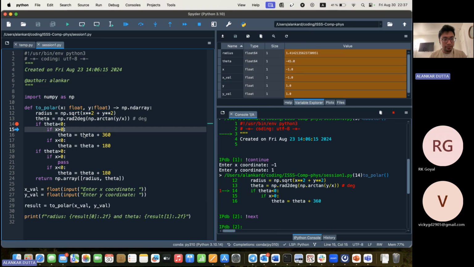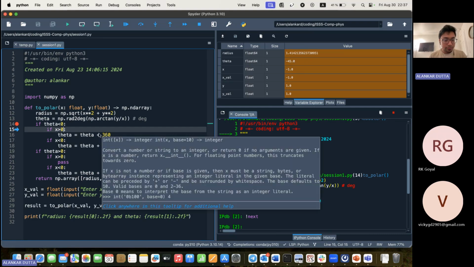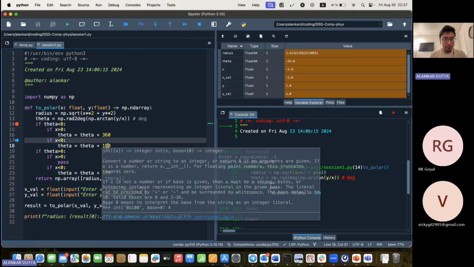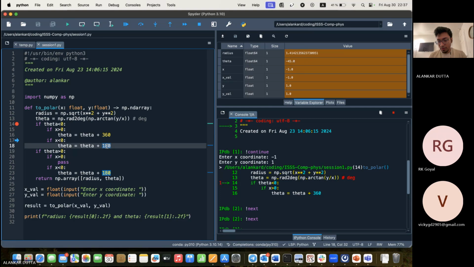Sorry, if theta is negative, then it is either in the second quadrant or the fourth, right? So if x is greater than 0, then it has to be in the fourth quadrant, right? Which will not be satisfied here. And otherwise it has to be in the second quadrant.